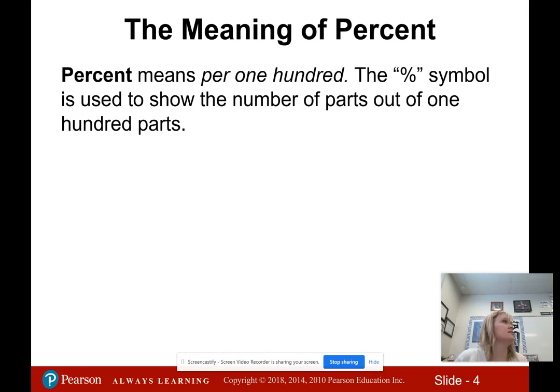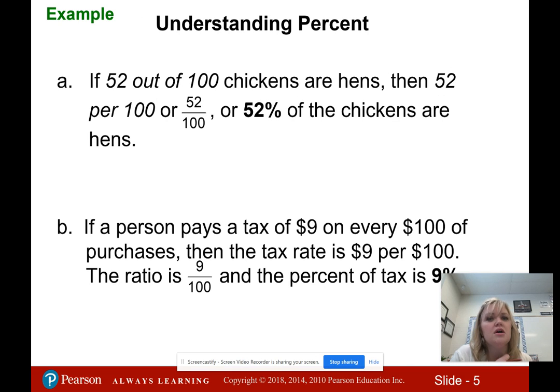Percents are always out of 100, so they're per 100 every time. That's the nice thing about percents: they're always measured with the same denominator, or out of 100 parts. So if 52 out of 100 chickens are hens, then 52 per 100, or 52 over 100 as a fraction, or 52% are hens.